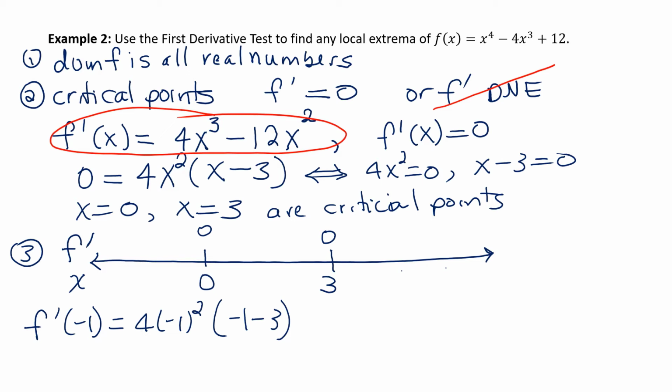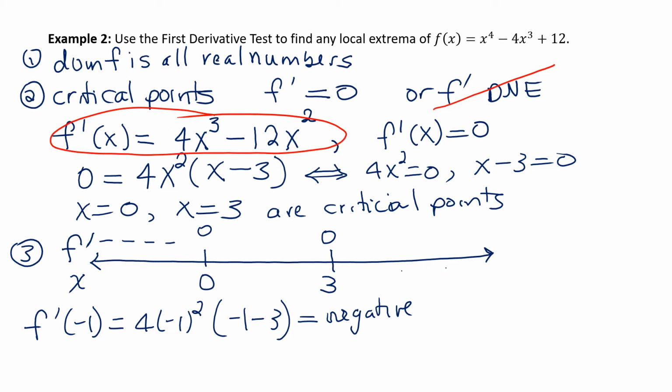However, -1 minus 3 is negative, so I'm just going to write that this equals a negative number, because that's all I'm concerned about. In this region, from -infinity to 0, the derivative is negative.